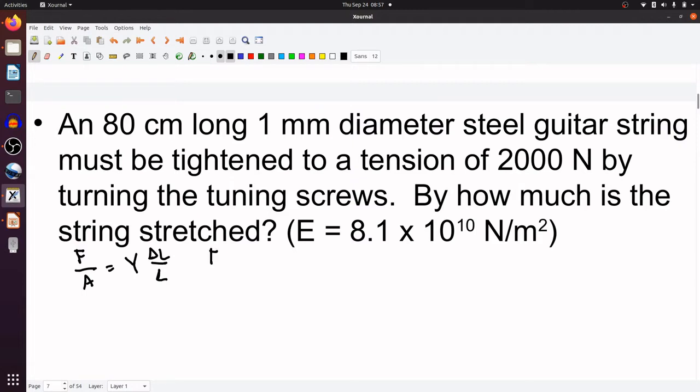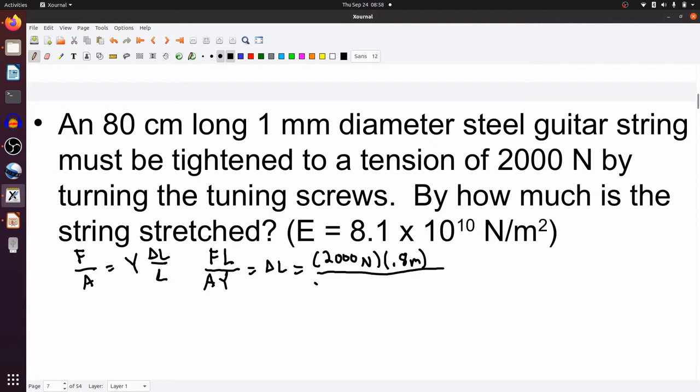So I'm going to multiply both sides by L. That gives me FL, or Florida, over AY. And that's not a state. And that's equal to delta L. And so I just plug in what I know. Okay, well, the force is 2,000 newtons. The length is 80 centimeters, so I'm going to put 0.8 meters, because that's centimeters, and we need meters. Divided by A, which is area.